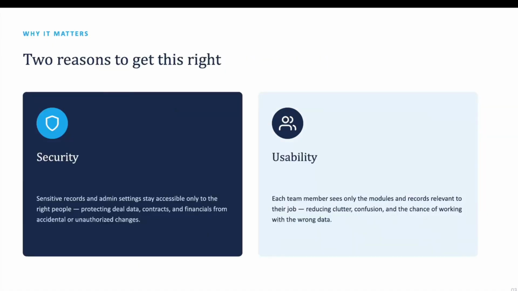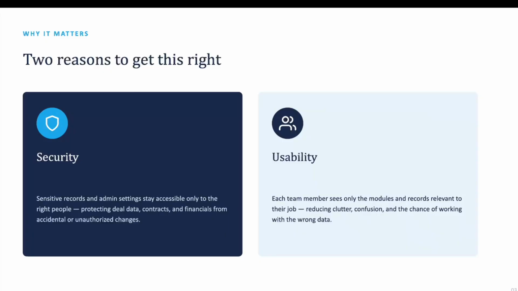So why does it matter? There are two reasons. The first is security, the second is usability. As you know, in your business security is very important. All your sensitive records and admin settings stay accessible only to the right people.